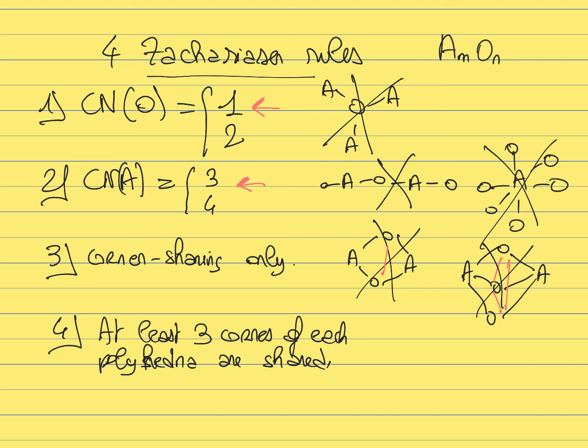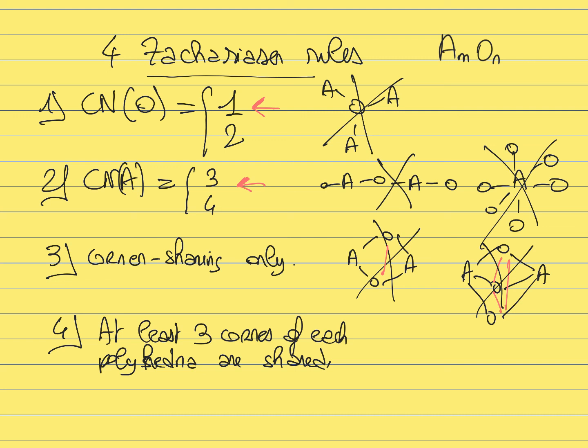The reason is that if you form edge sharing or face sharing units, then you would not have enough flexibility to form a disordered structure. The two cations would not be able to freely rotate with respect to each other. The structure would be too locked. So only corner sharing units are allowed by the Zachariasen rules.